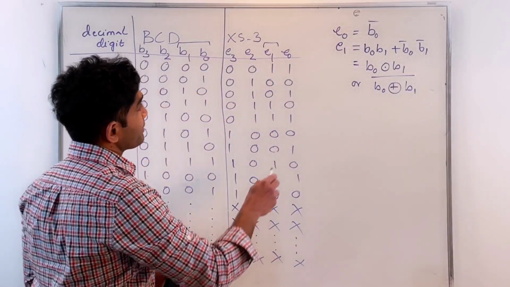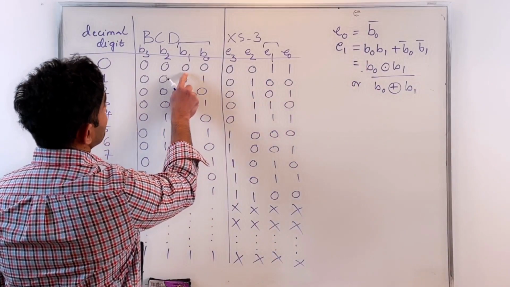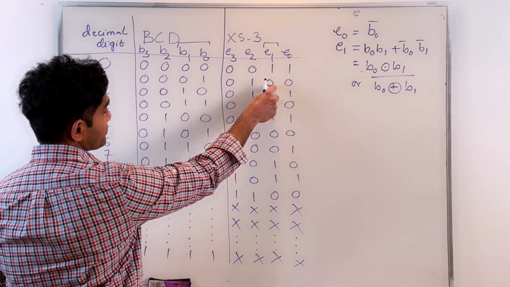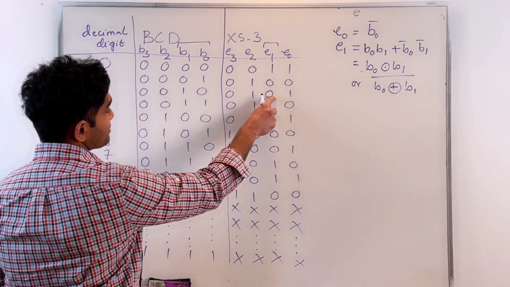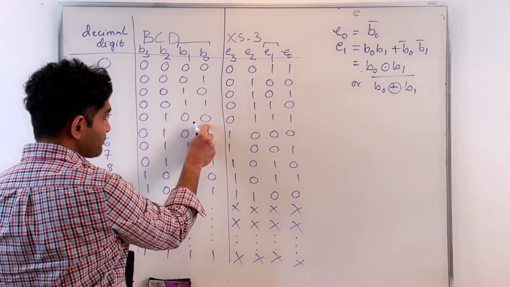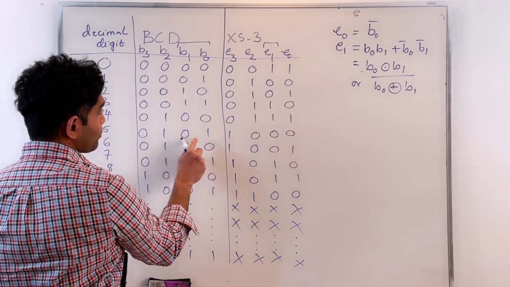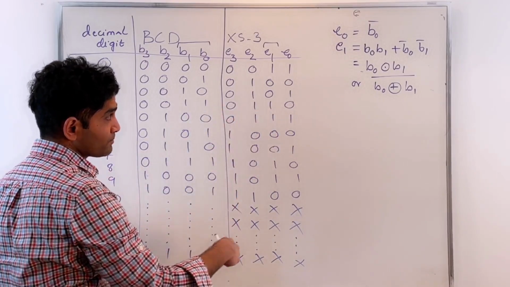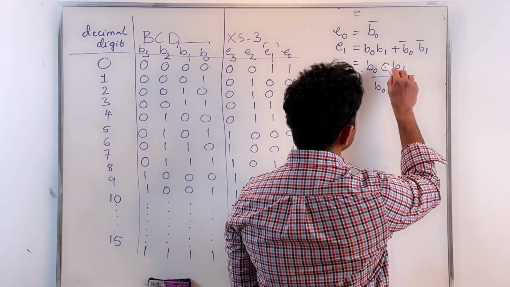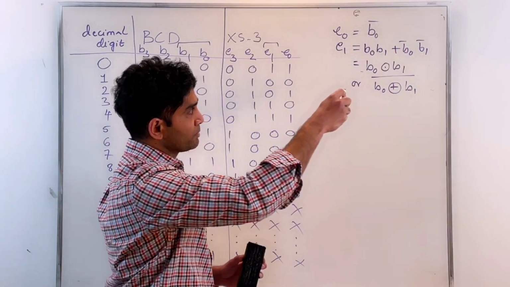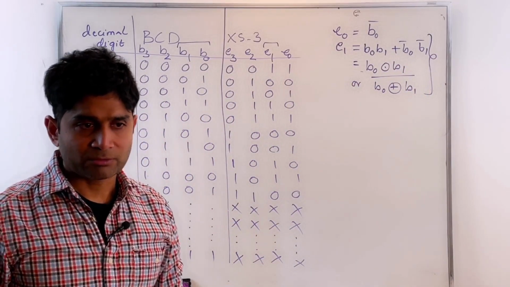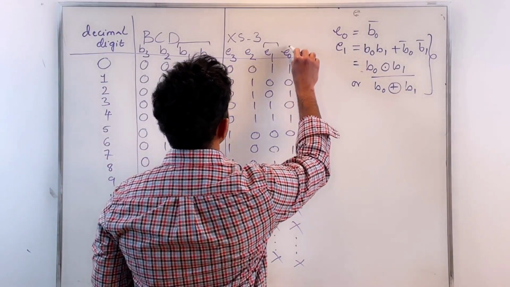Now 0, 0 gives me a 1. 0, 1, now both the inputs are different values, gives me a 0. 1, 0 gives me a 0. 1, 1, same values, gives me a 1. 0, 0, same values, gives me a 1. 0, 1, different values, gives me a 0, and so on. So that works. In this case, my E1 is simply B0 XNOR B1, which can be expressed in all three different ways, the same thing expressed in three different ways. So that's good. I got E0, I got E1.